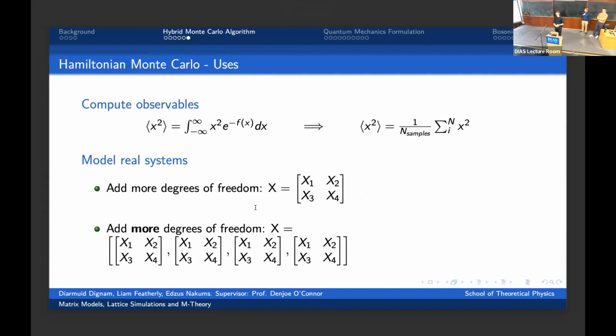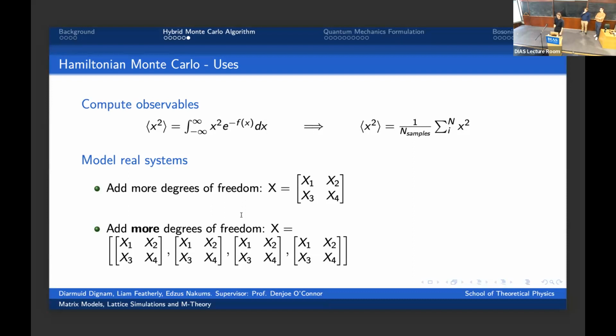Once we choose an appropriate action, we can then add yet more degrees of freedom. And once the action that we have defined can accommodate these degrees of freedom, we can simulate it just the same. So if we introduce a list of matrices at each step in the iteration, we can interpret them as progressions through time.